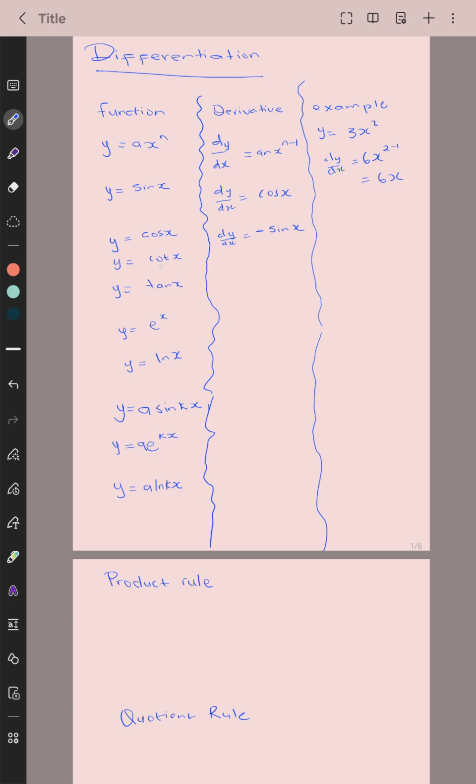Coming to cot, the derivative of cot x is negative cosec squared x. The derivative of tan x will be sec squared x.